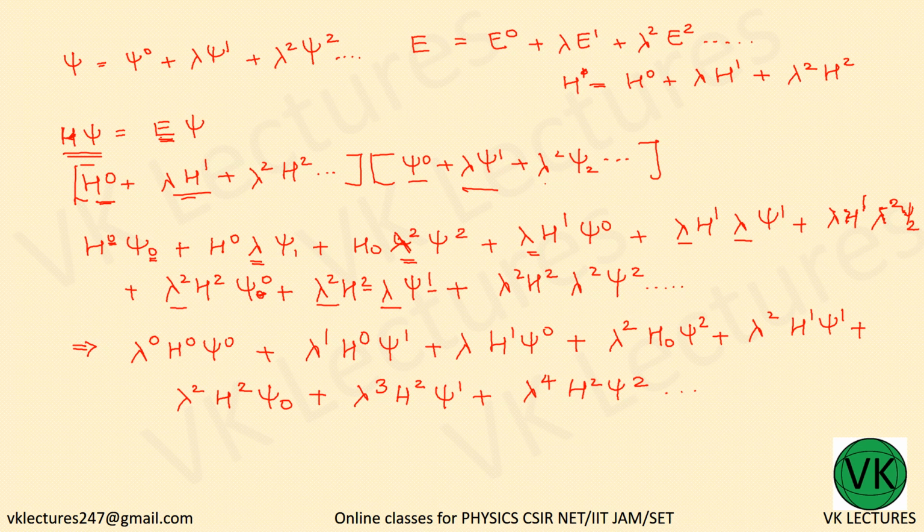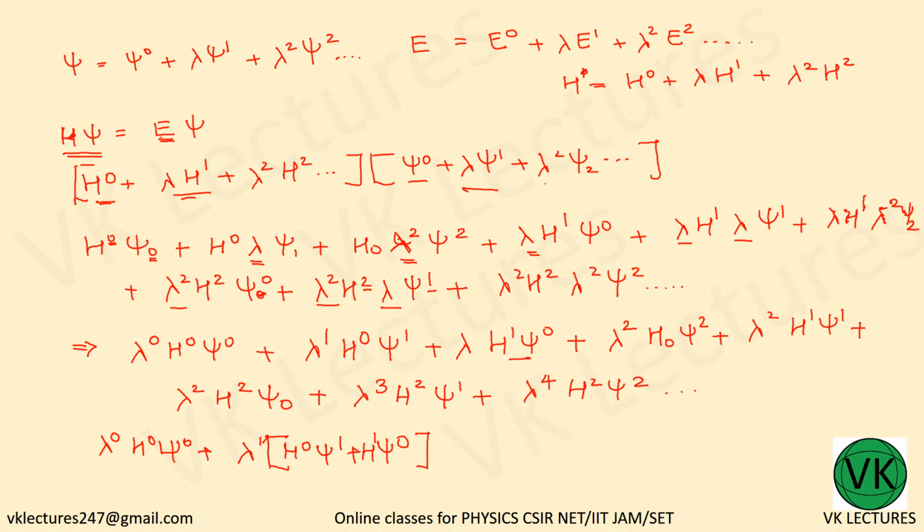Now we will write in short form: H naught psi naught plus lambda power 1 into H naught psi 1 plus H1 psi naught.